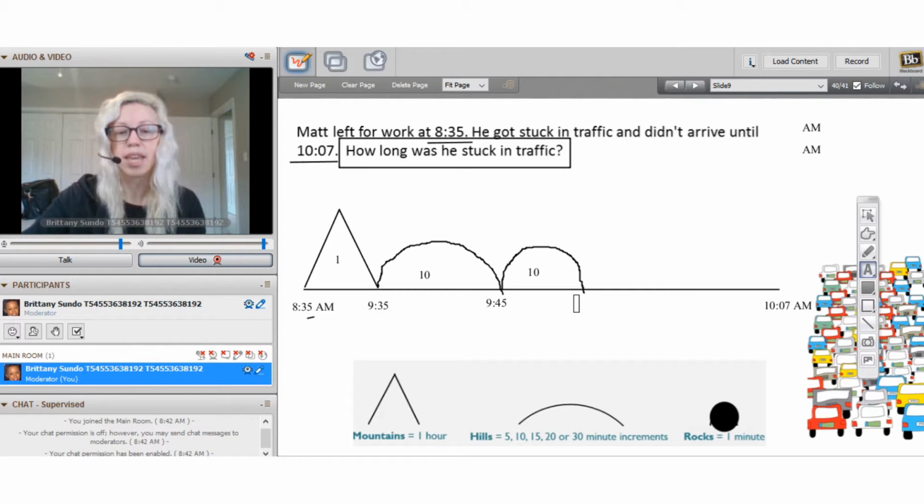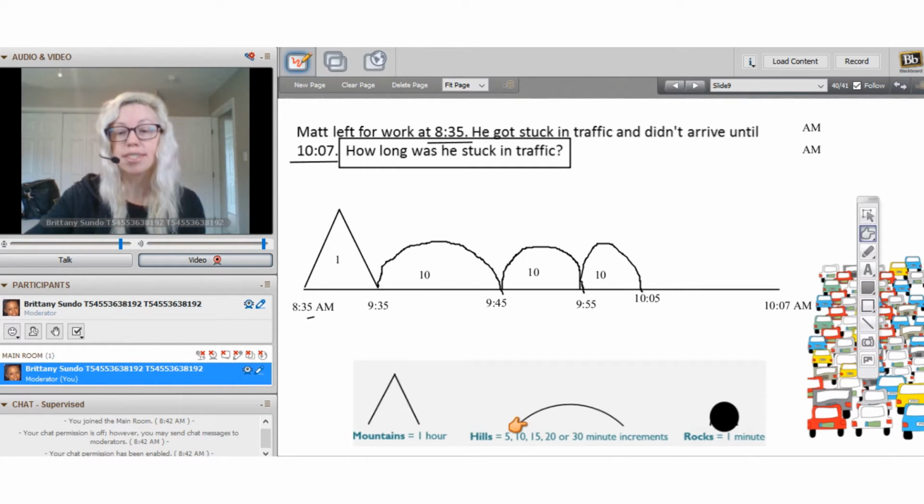That's going to take me to 9:55. I'm still not quite there yet, so I'm going to do another hill worth 10 because I do like skip counting by tens. And that's going to take me to 10:05. Now I love skip counting by tens, but if I skip count by another 10, it's going to take me past my end time again.